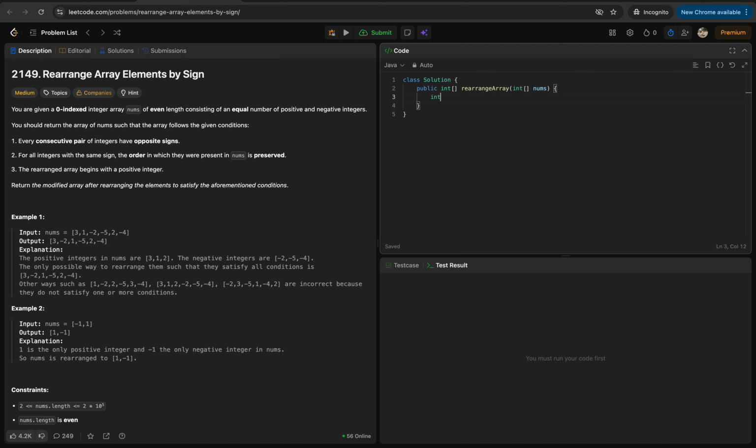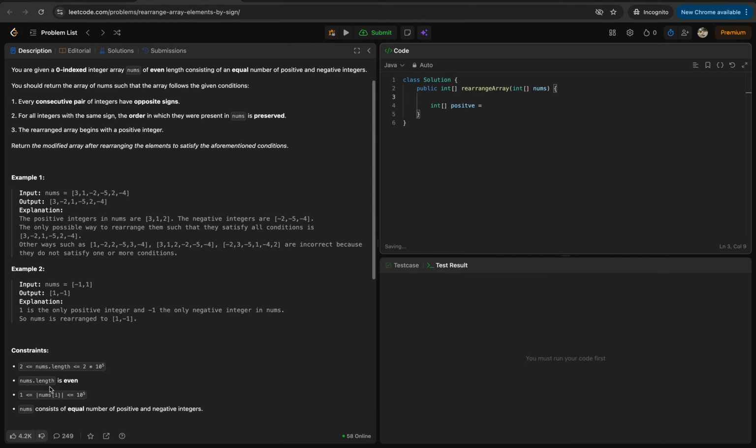So let's take one array called int positive, and nums length is even, right? So int n equals nums dot length, new int of size n by 2.